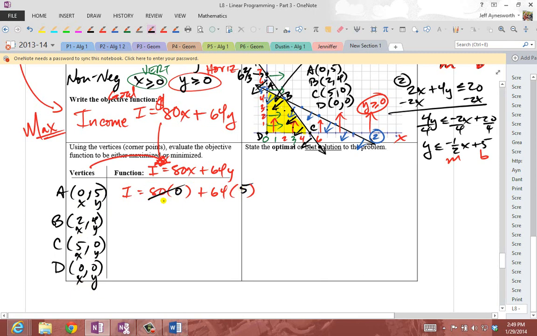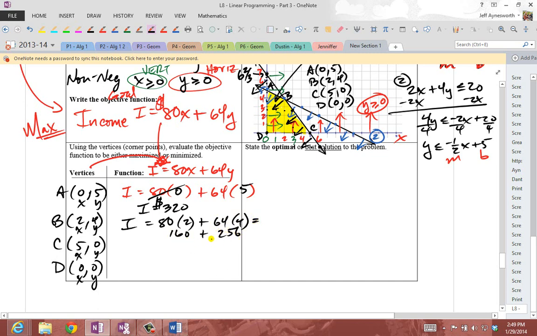So put your x and y values in. Anything times 0 is 0. And so on the first one here, the income is equal to, let me see, 64 times 5 is 320. So $320 for the first one. At B, the income is 80 times 2 plus 64 times 4. That's 160 plus 256.